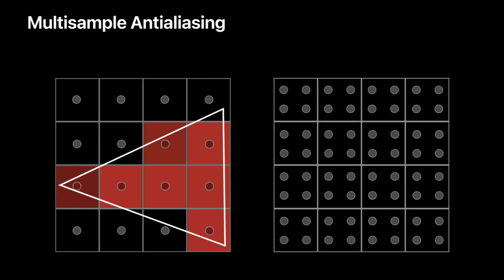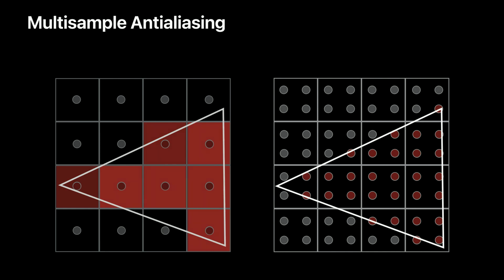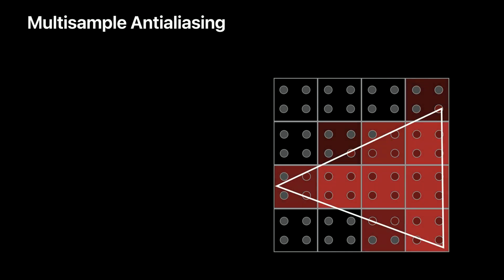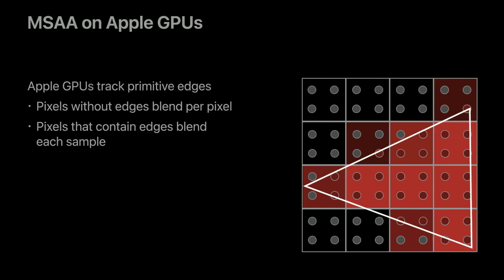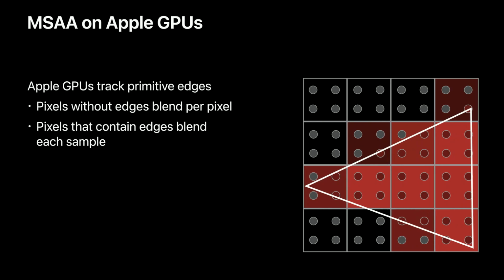Multi-sample anti-aliasing is a very common technique that consists of rasterizing multiple samples per pixel. This allows rasterization to occur at higher resolution. The pixel shader is run once per triangle per pixel and blended with the rest of the samples. This will smooth out the edges of a primitive. Apple GPUs have a very efficient MSAA implementation.